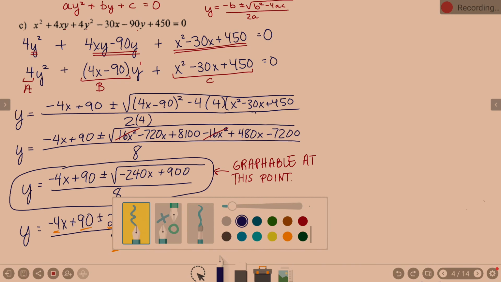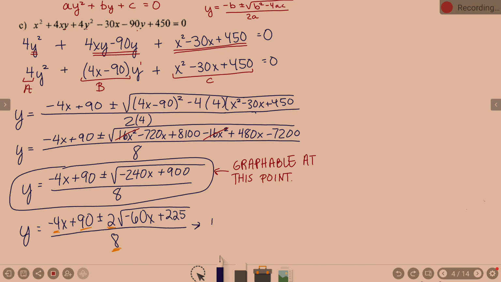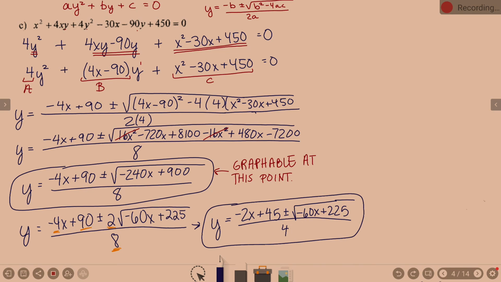They're all divisible by 2, which means the simplified version of this is dividing each piece by 2. So negative 2x plus 45 plus or minus, and then that radical is just the square root of negative 60x plus 225, all over 8 divided by 2 is 4. That is probably your most simplified version. But again, I am happy with the previous one.